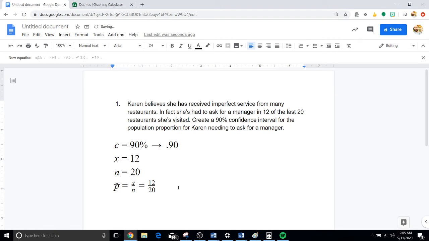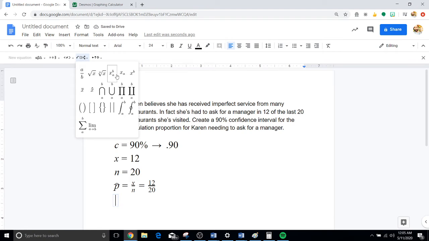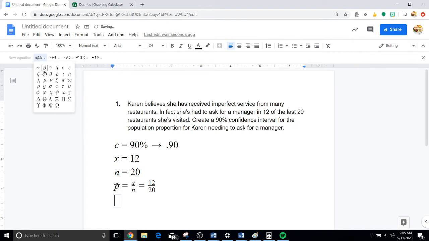Now, standard error is typically defined as sigma of x bar.